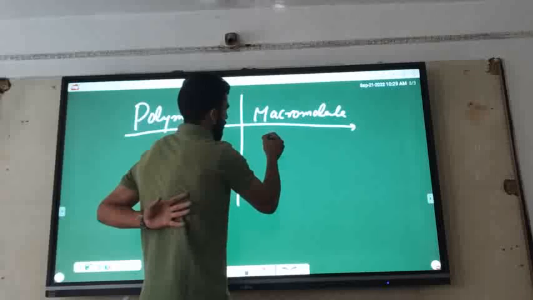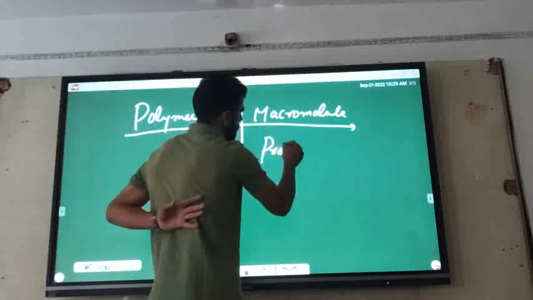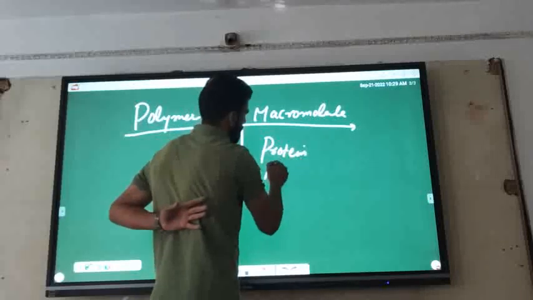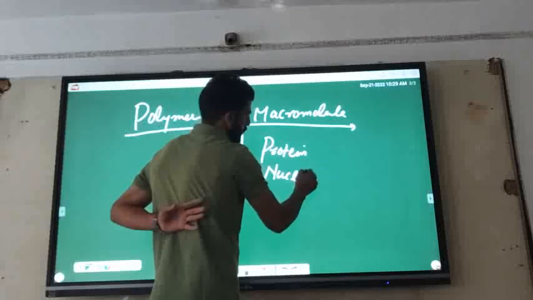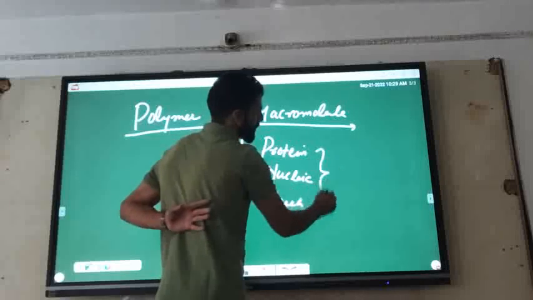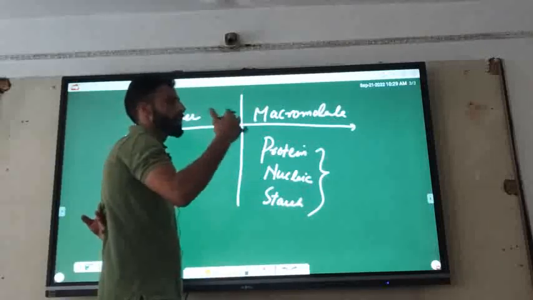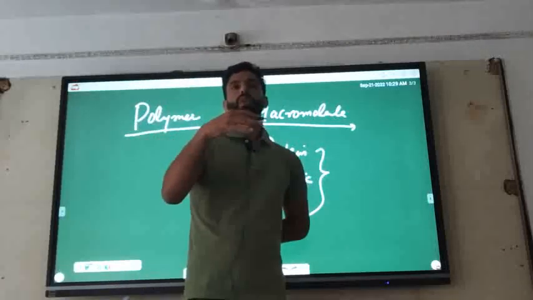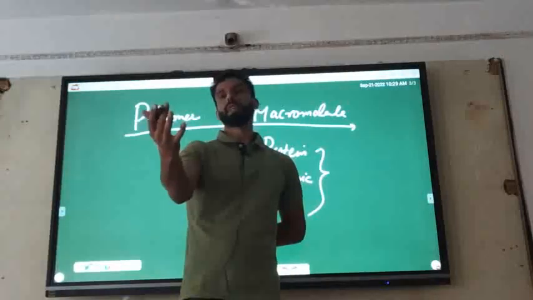Examples are protein, nucleic acid and starch. Here the subunits are not the same; the smaller units are not repeatedly joined.